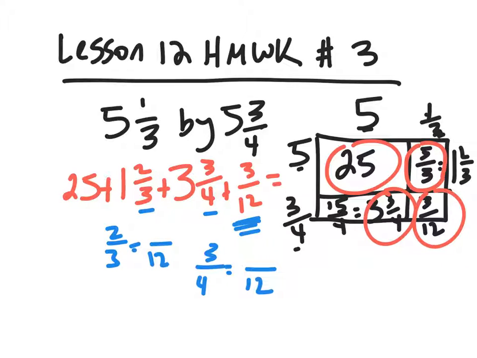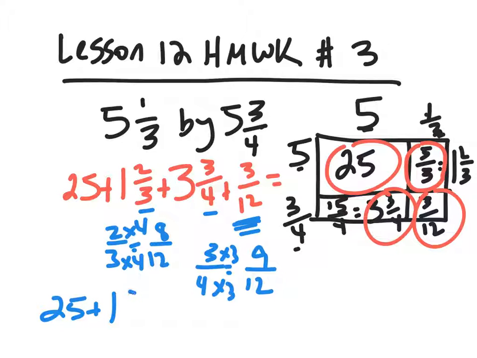If I do the top-bottom rule, it becomes 8/12, and this becomes 9/12. So now the new problem I have is 25 wholes plus 1 8/12 plus 3 9/12 plus 3/12.